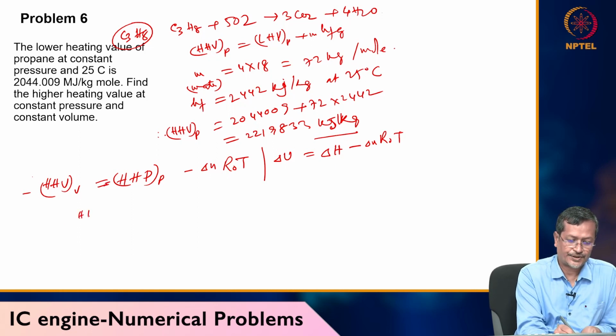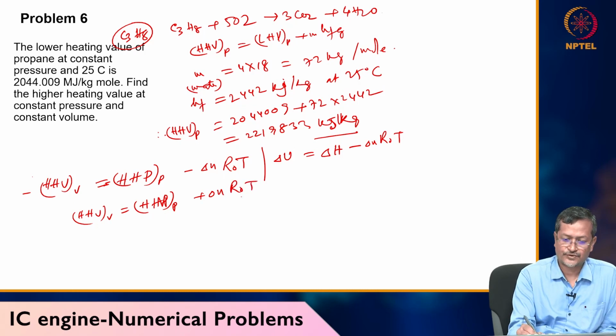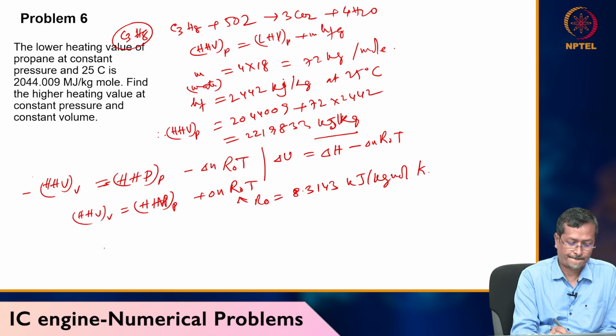Then HHV at constant volume equals HHV at constant pressure plus delta n R T. R is the universal gas constant, with a value of 8.3143 kJ per kg mole per K.